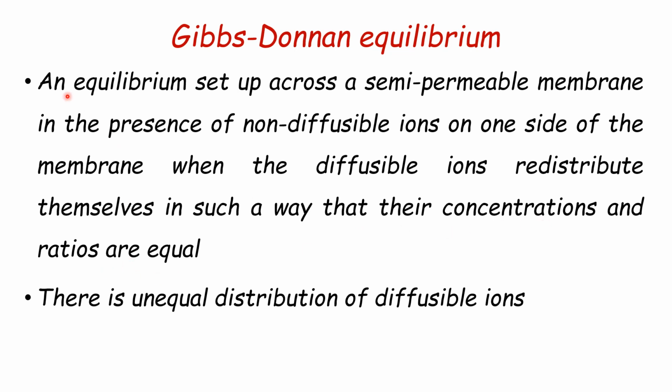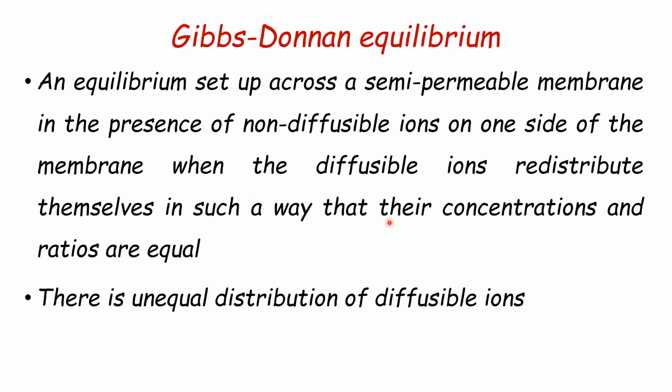I'll again repeat. It is an equilibrium set up across a semi-permeable membrane in the presence of non-diffusible ions on one side of the membrane, when the diffusible ions redistribute themselves in such a way that their concentrations and ratios are equal.